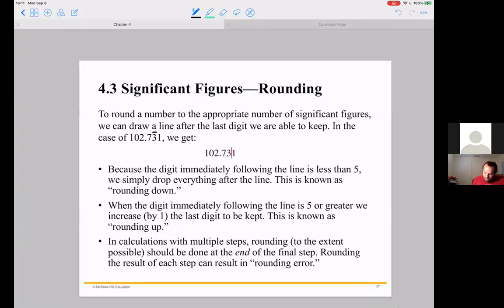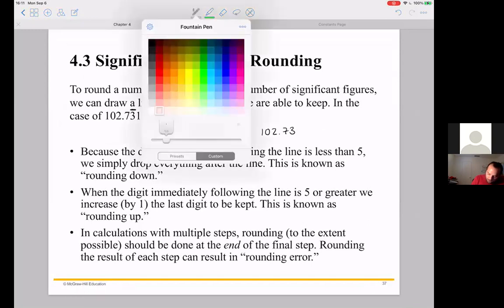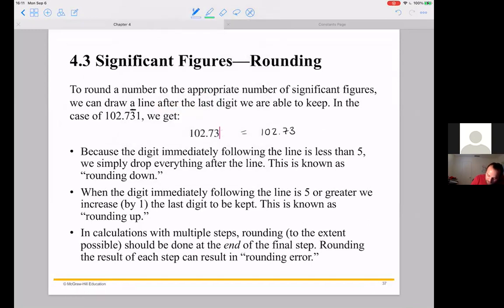If the next digit is from 0 to 4, you round down, so this would round to 102.73. If instead the original number was 102.735, this would round up to 102.74. You round to a particular digit, and that's the last sig fig.